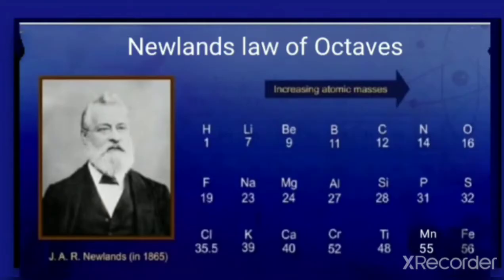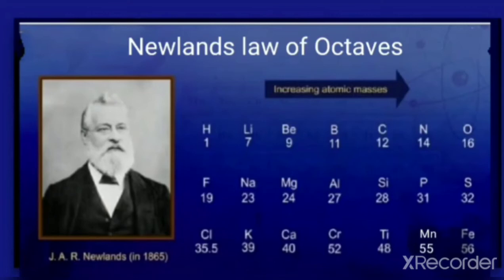Next one, Newland's law of octaves. In 1865, an English chemist, John Newlands, proposed a new system of grouping of elements of similar properties.